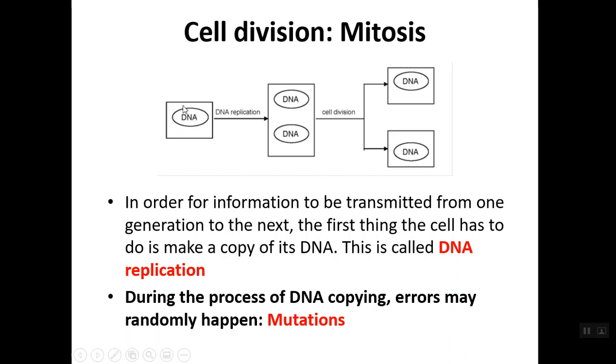Before attempting to divide as a cell, in order to preserve the same DNA: if I split this word in two, it's not DNA anymore, it's D-N and then A, something different. So if I want to conserve this word DNA and split the cell, this implies that I have to duplicate my DNA molecule before cell division happens.